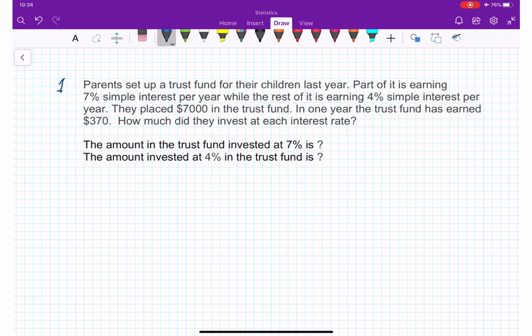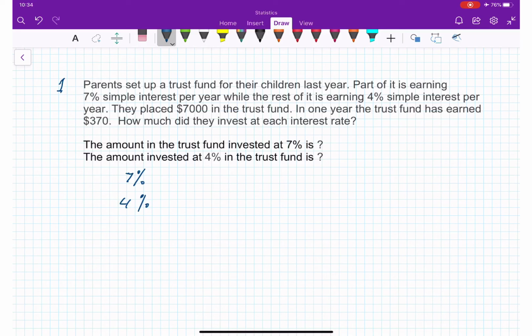Parents set up a trust fund for their children last year. Part of it is earning 7% interest per year, while the rest of it is earning 4% simple interest per year. So we have 7% per year and we have 4% per year.